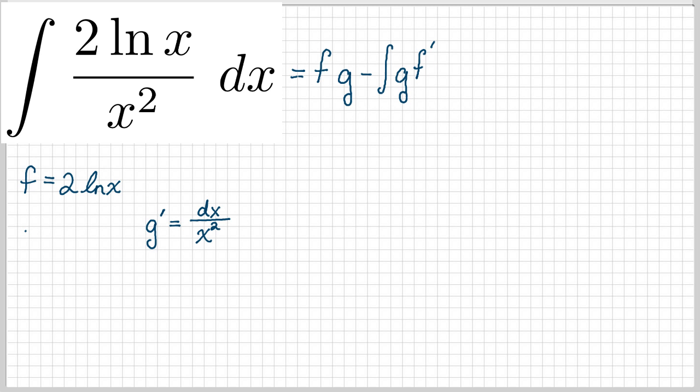So now, oops. Let's keep going. F prime is just 2 over x dx. That's the derivative of ln. And remember that g prime is equal to dx over x squared, so that's the same as x to the negative second times dx.